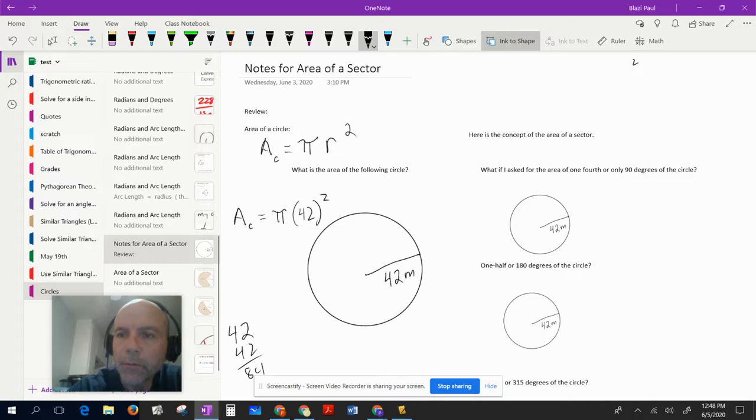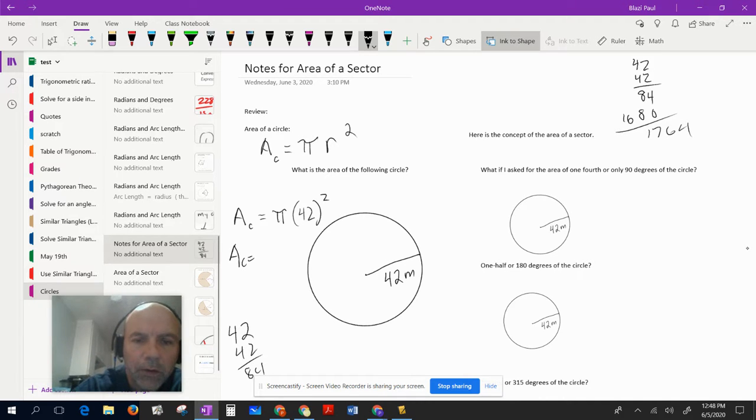Let me do it up here. 42 times 42. I'm thinking it's 1764 if my memory serves me correct. But I'm going to go ahead and do it anyway. 1764. Is that what I said? So the area of this circle right here equals 1764 pi.